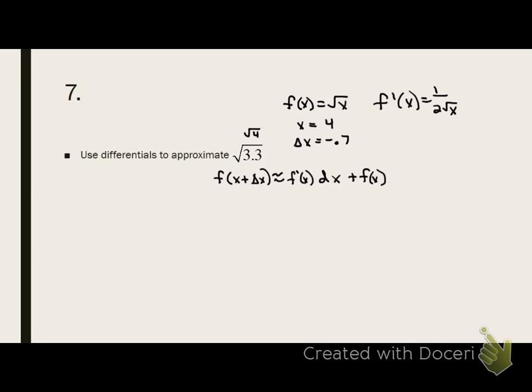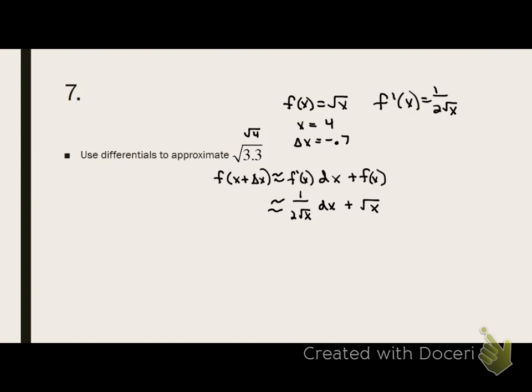So what I'm going to do is take, for this formula right here, my f prime of x, this 1 over 2 square root of x, and put it right here: 1 over 2 square root of x dx plus f of x, which is square root of x.